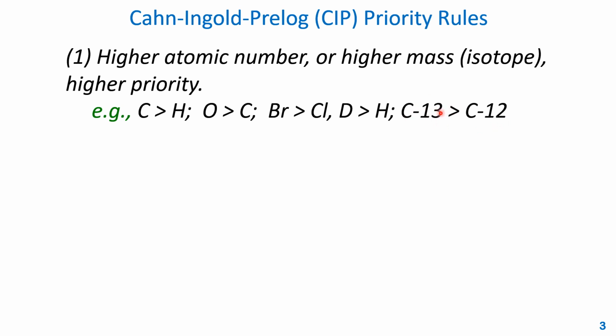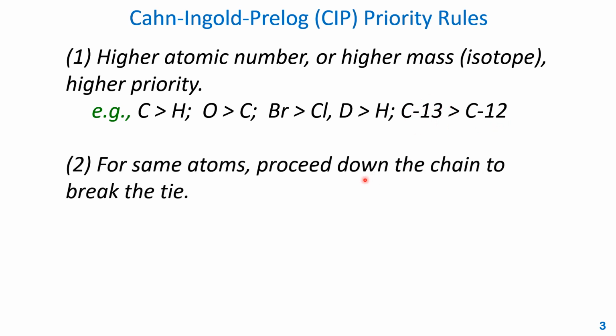Okay. Second, for the same atom, or a tie: if you have a tie, then proceed down. Look at the attachments. Proceed down the chain to break the tie. If you look at the further attachment and it is still the same, you have to look further. So you keep going until you find a difference.